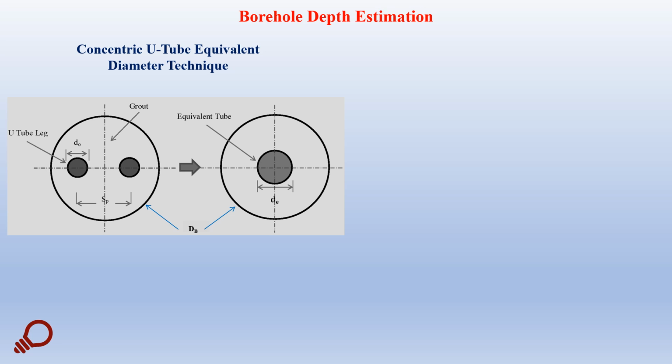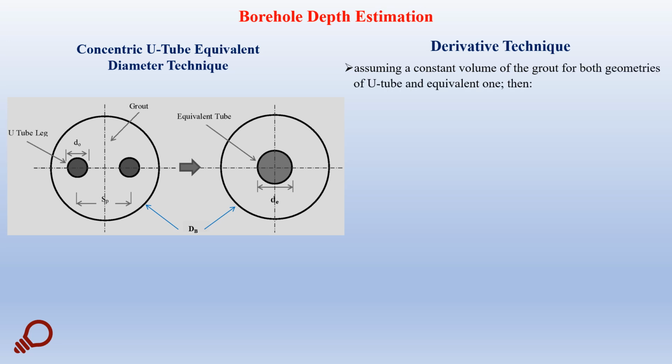Of course, this technique has been used for a long time by many investigators, but in the present model, this is the first time it is introduced. So, to derive this, the equivalent diameter usually depends on assuming that the same grout or filling material that fills the borehole has the same volume in both cases.